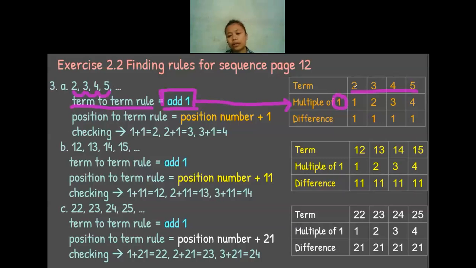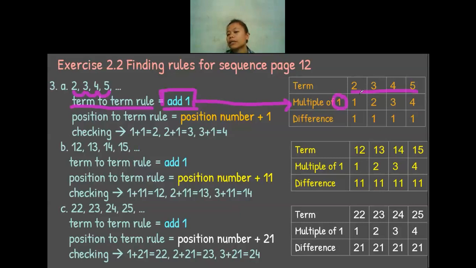So for the terms, I will write 2, 3, 4, 5. And then for the multiples here, we take multiples of 1. Why multiples of 1? Because the term-to-term rule is 1. So we need to find the multiples of 1, which are 1, 2, 3, 4, 5, and so on. Because here we only have 4 terms, it will stop at 4.